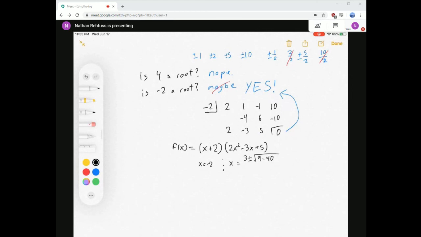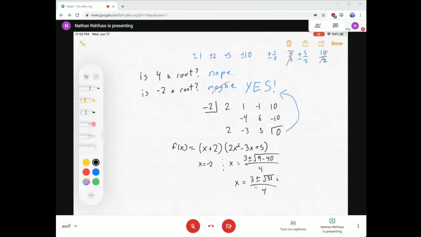B squared minus 4ac. Yeah, 40. All divided by 2a, so all divided by 4. I can't simplify that much. 9 minus 40 is -31, so I'm going to write 3 plus or minus root 31i, all divided by 4.